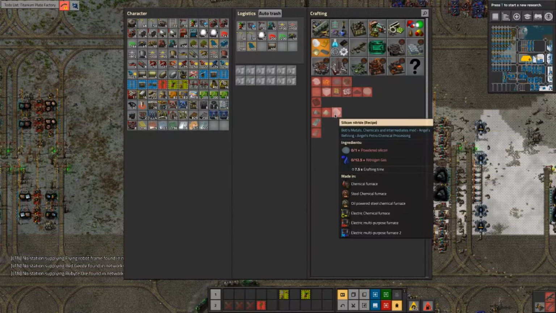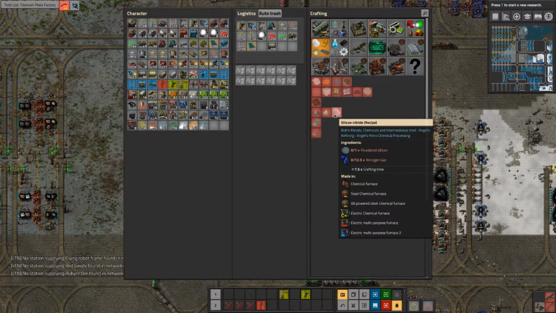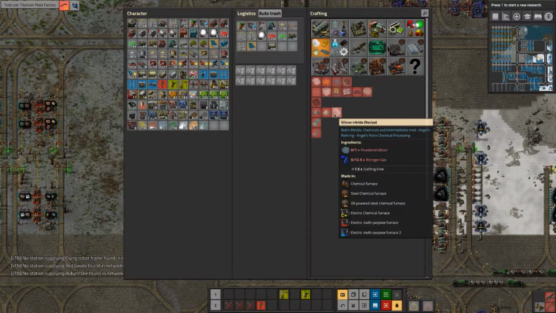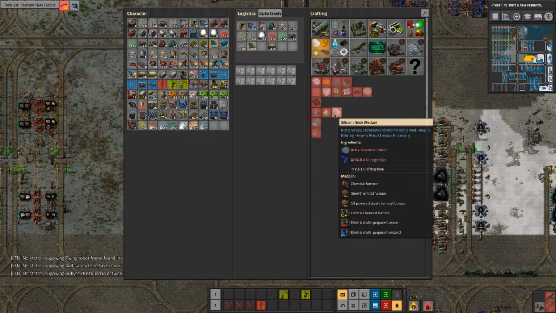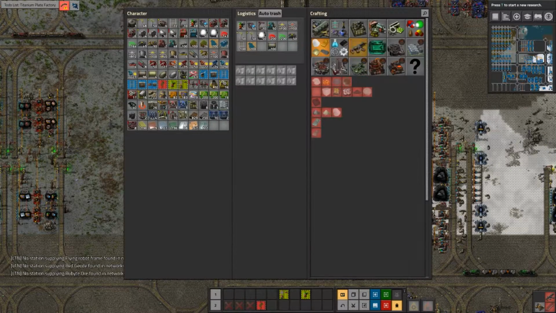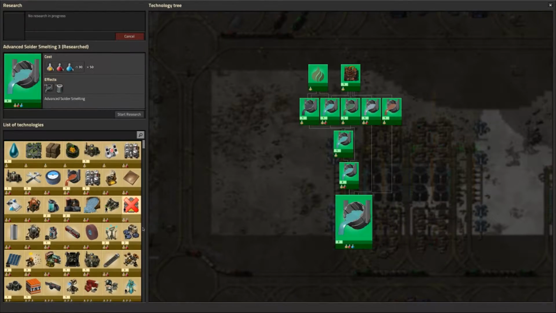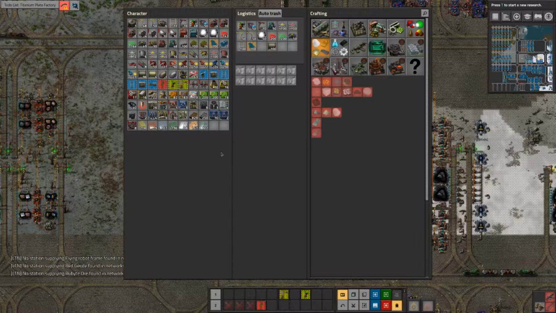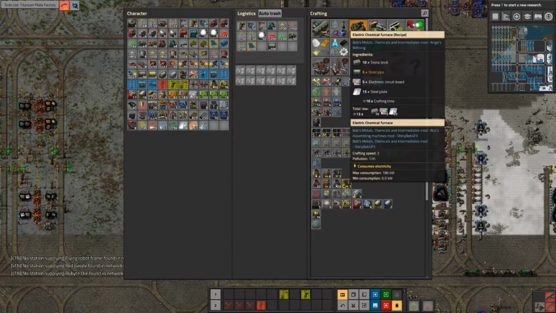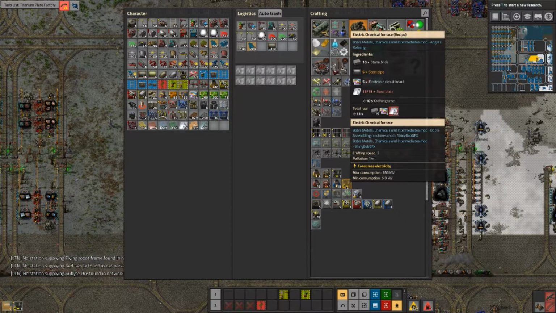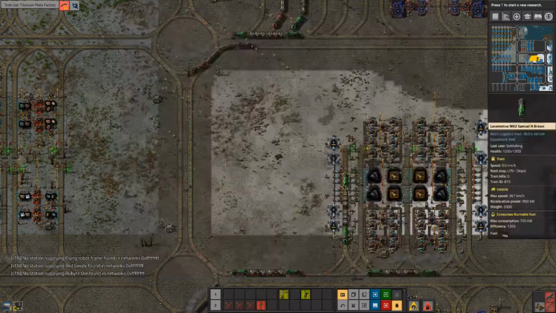And silicon nitride is cooking it up of all the things in a furnace. Can we make electrical chemical furnaces? We can. Let's make some in our pocket. I need my steel for this.